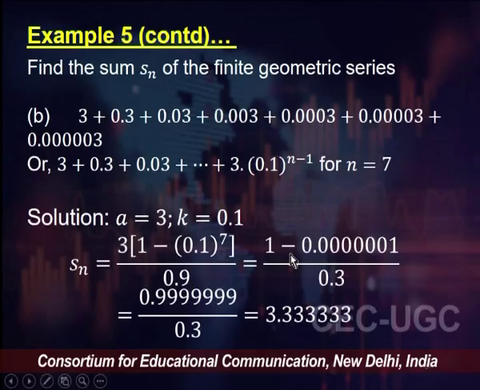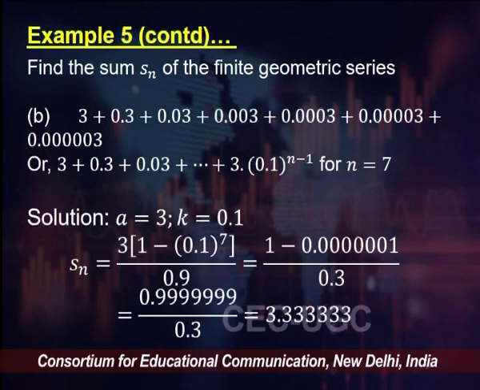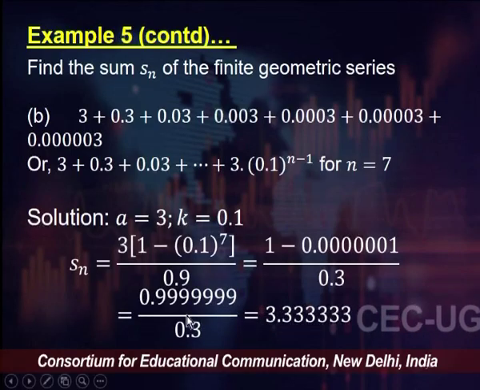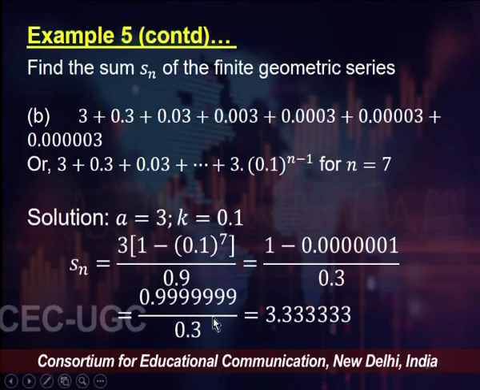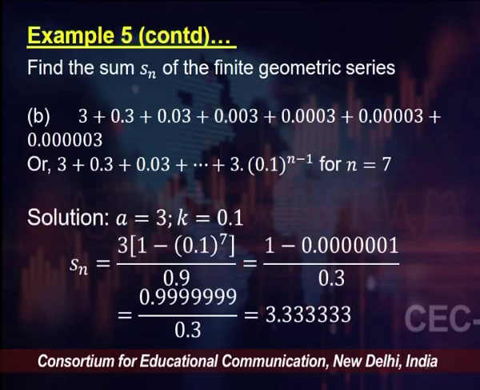In the numerator, if I simplify further, I am going to get 1 minus this expression, all these zeros. You can count the number of zeros on your own, the whole thing divided by 0.3, and that then gives me 0.9999999 divided by 0.3, and that is nothing but 3.333333. So, this is giving exactly the sum that you would get even if you were to just do this mentally, but this was just a good way to practice the particular problem.